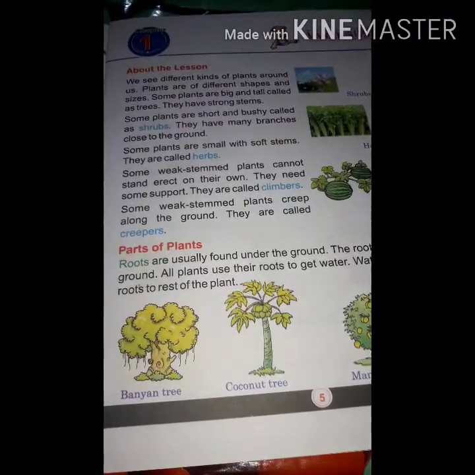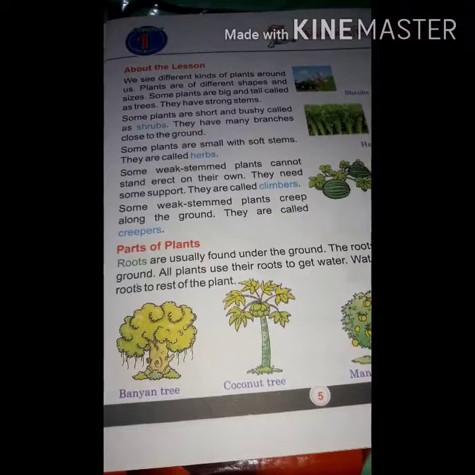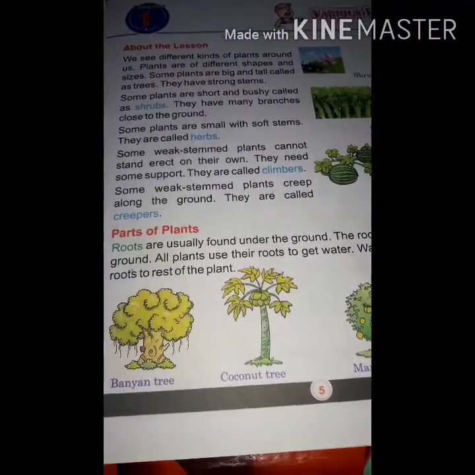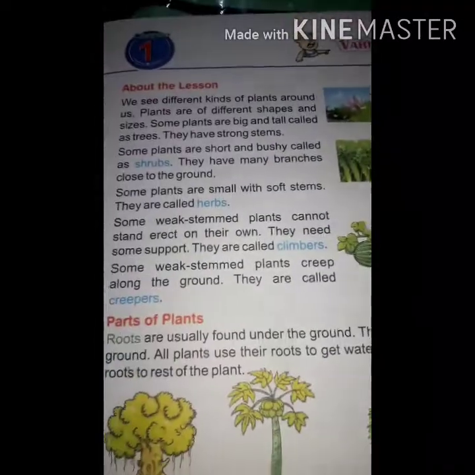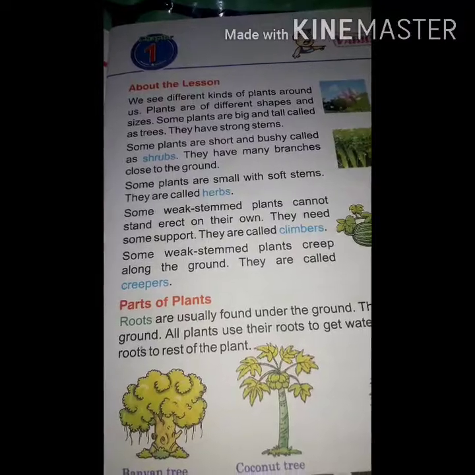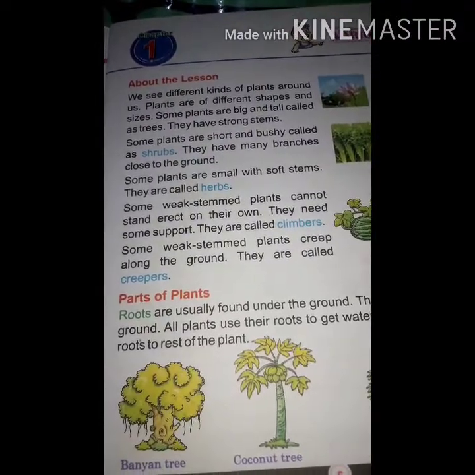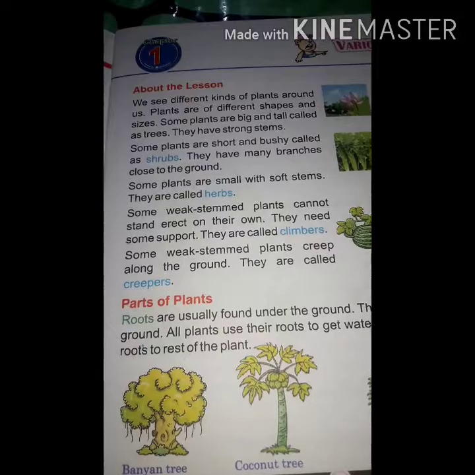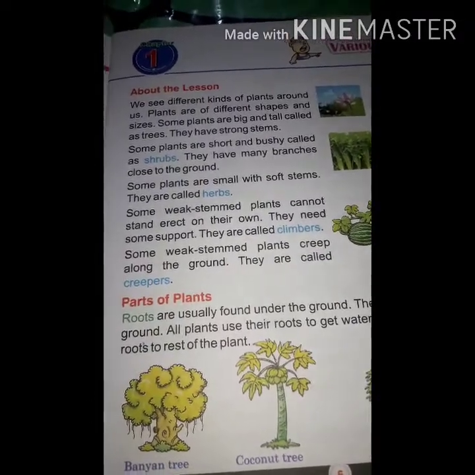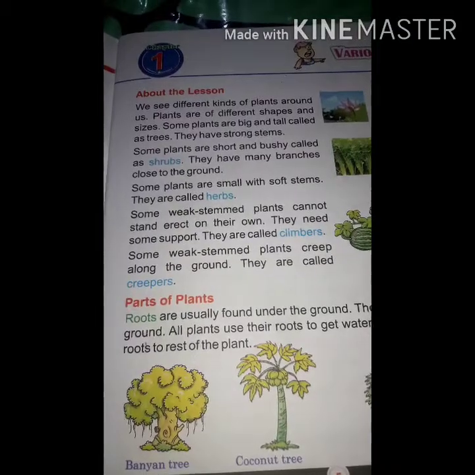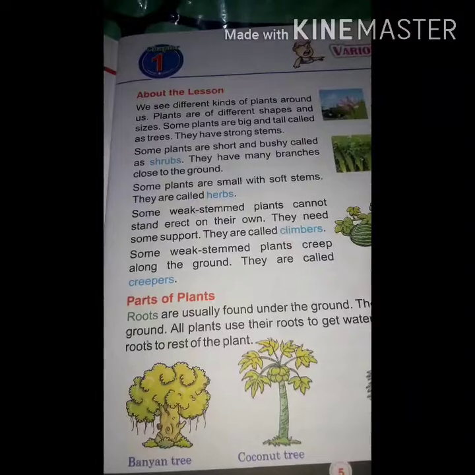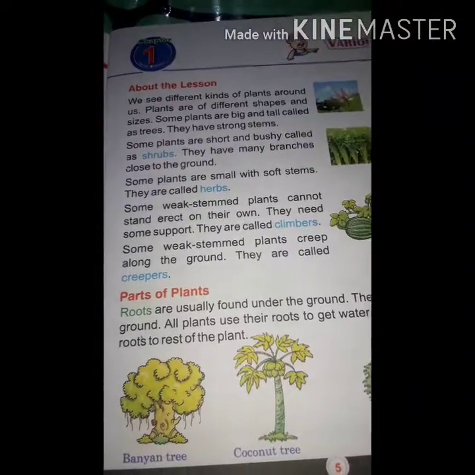Now this is the brief idea about the lesson. We see different kinds of plants around us. Plants are of different shapes and sizes. Some plants are big and tall, called trees. They have strong stems. So the plants that have strong stems are known as trees.